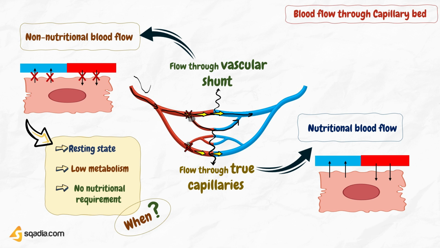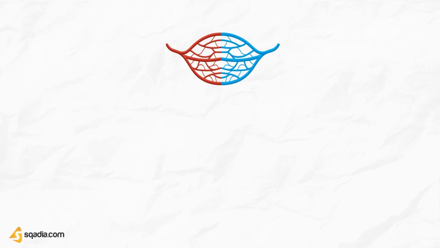Well, when the metabolic activity of those particular tissues are less, or in their resting phase when they don't need nutrients, or maybe other tissues required it more at that time. And where this non-nutritional flow occurs, it occurs through the vascular shunt or metarterioles, but not through true capillaries. And nutritional flow occurs only through true capillaries when tissues require those nutrients.